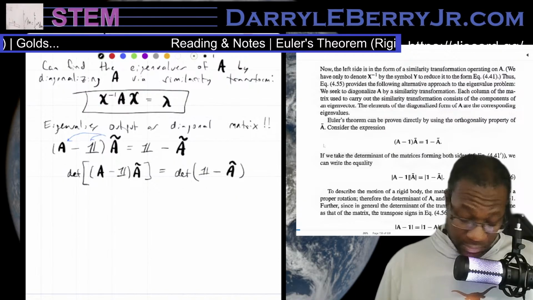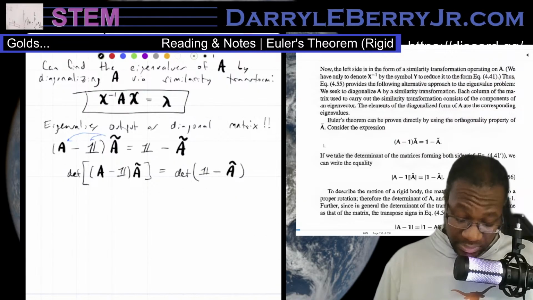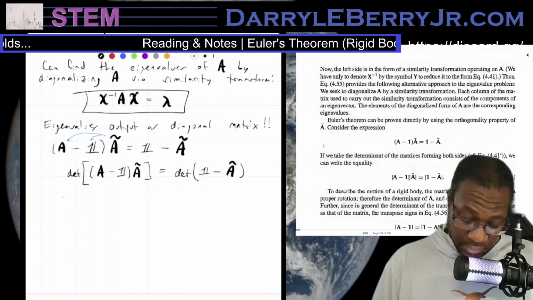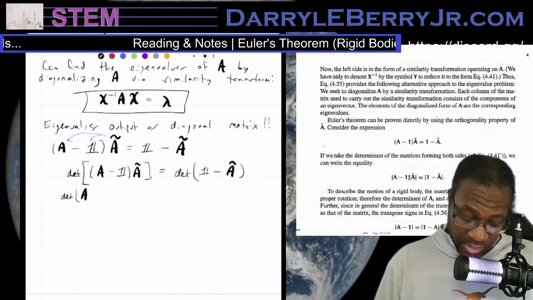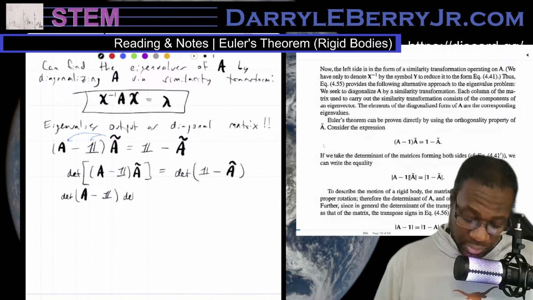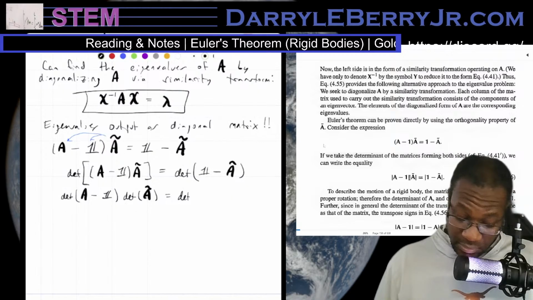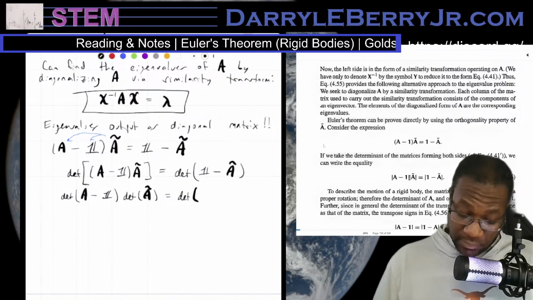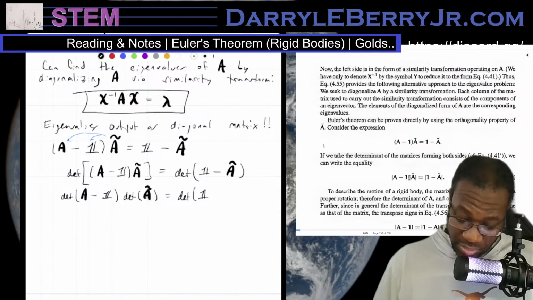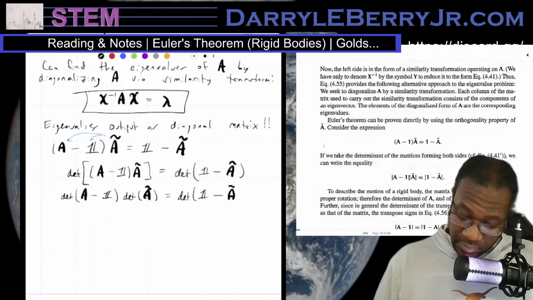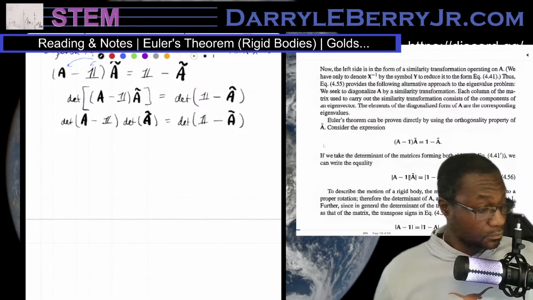And what this means is the determinant of A minus identity matrix determinant of A equals determinant of identity matrix minus A transpose.